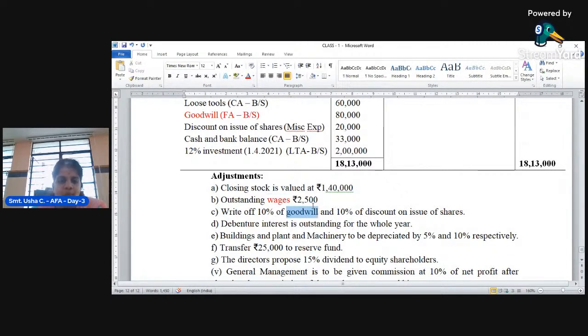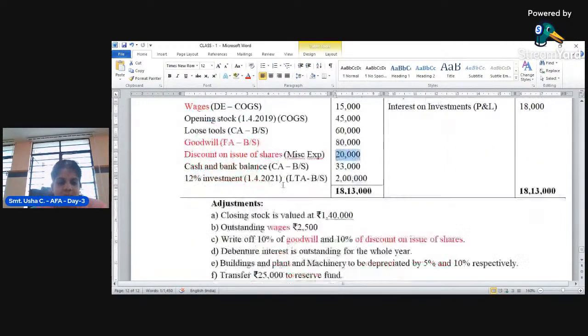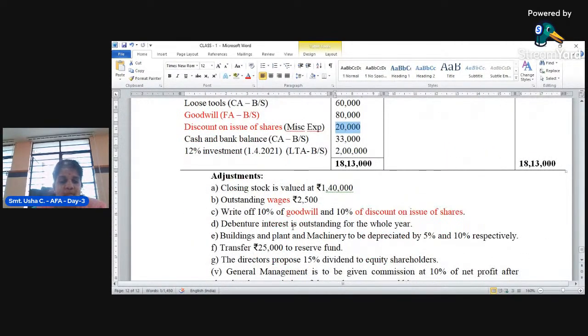So this goodwill and discount on issue of shares, both items are there. This item of 80,000 rupees of goodwill and 20,000 rupees of discount on issue of shares will be taken only once. But the adjustment, that is write off 10%.